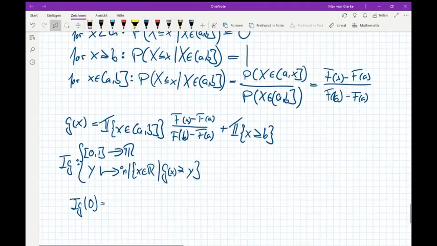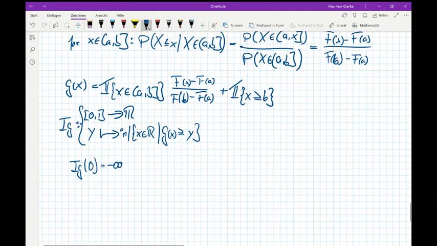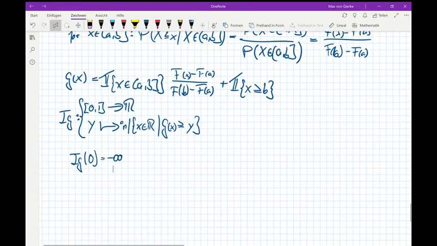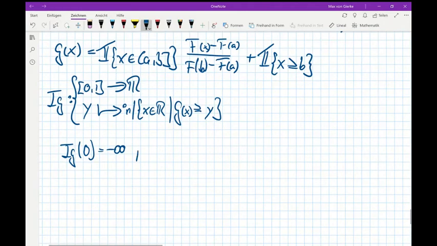Then we know that g evaluated at this x must be bigger or equal than 0, but we know that g is a CDF, so it is non-negative, which means that it's minus infinity. That's just a property of CDFs. Okay, this was the first part.